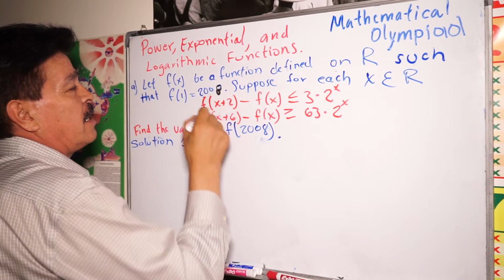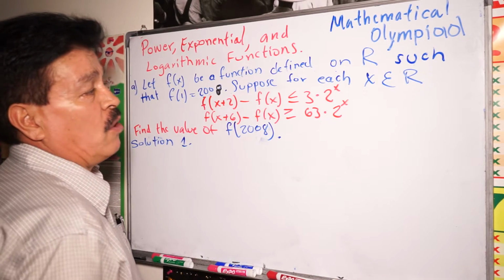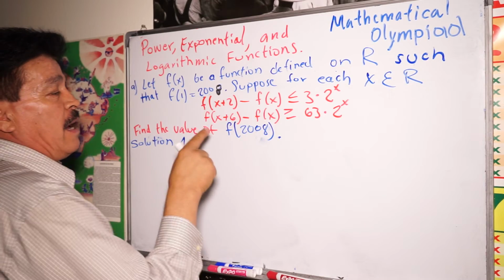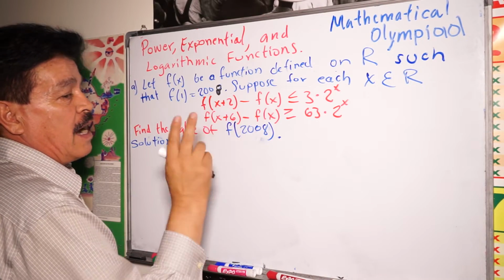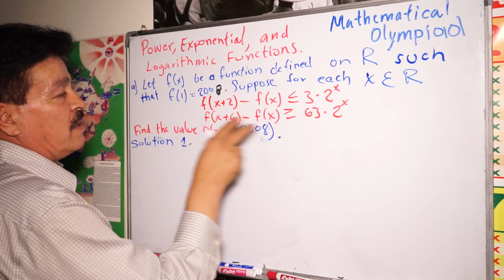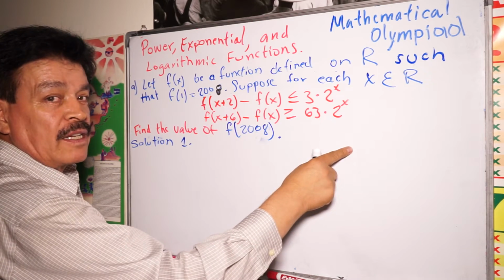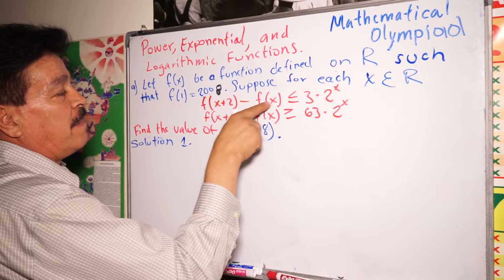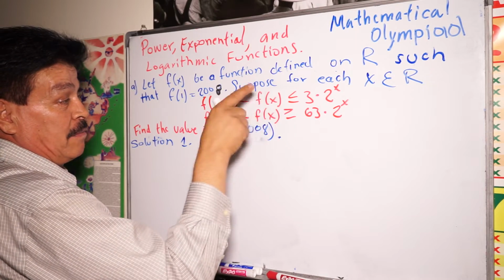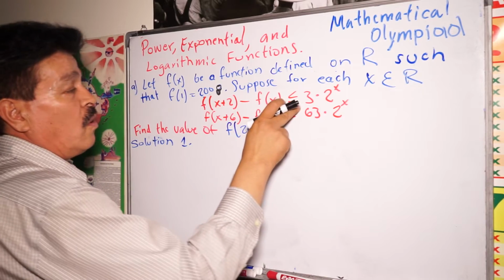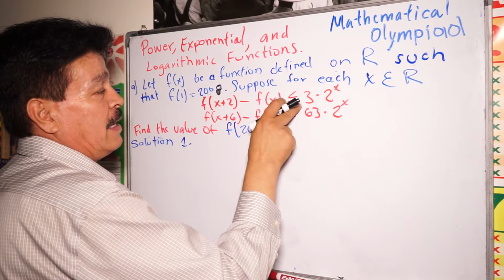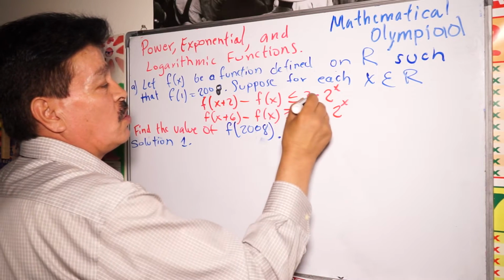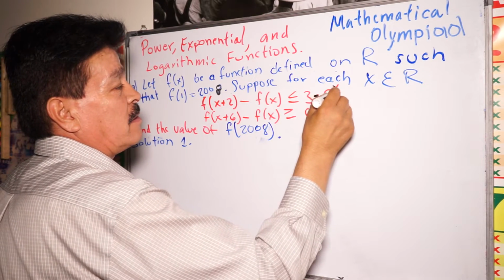Suppose for each x belonging to the real numbers. Okay, two ways, two different answers. We need to work in two different ways, but actually it's going to be the same answer. f(x+2) minus f(x) is less than or equal to 3 times 2 to the x power.